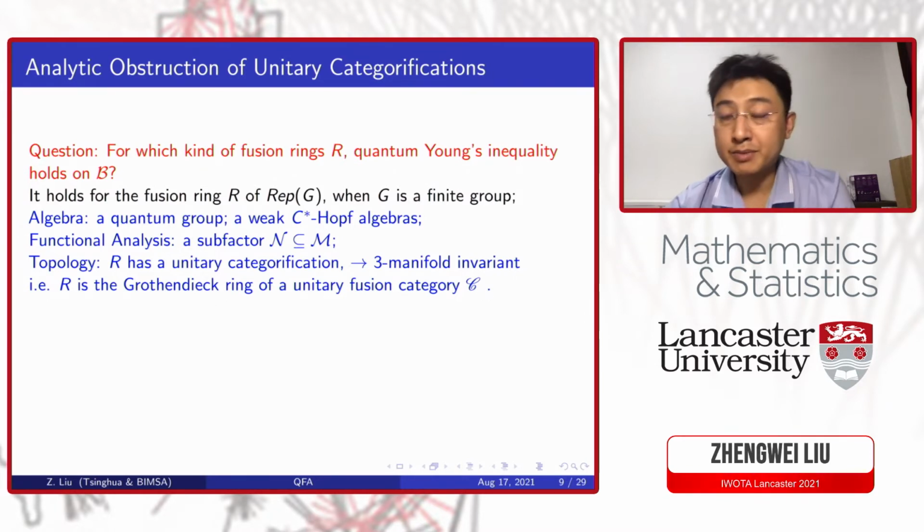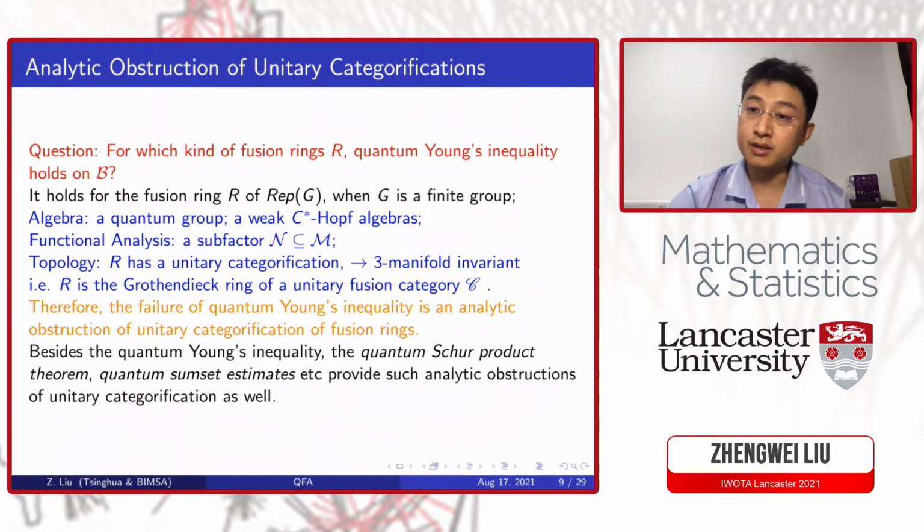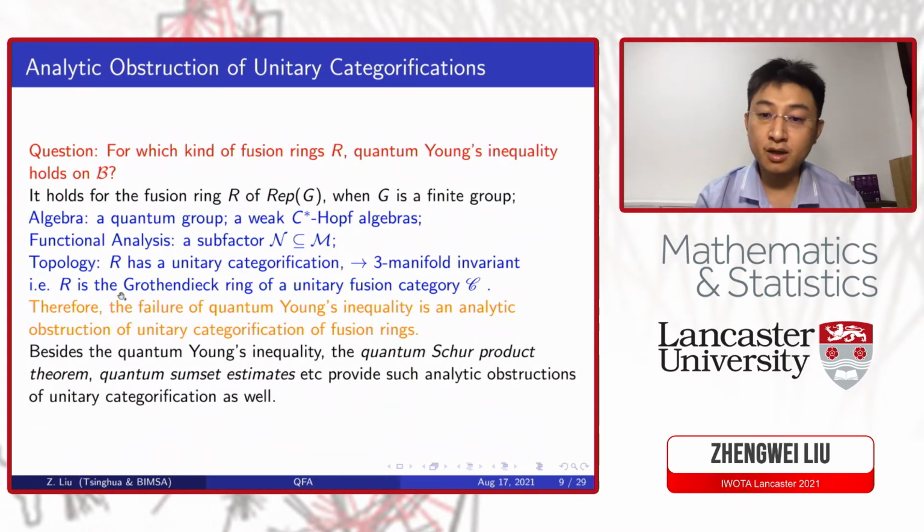So quantum becomes a major feature: once we add a quantum condition, then those inequalities are true. And if we don't add a quantum condition, but just generalize the algebraic structure, the inequality may not be true. So the failure of this inequality becomes a very good analytic obstruction of unitary categorification of the fusion ring.